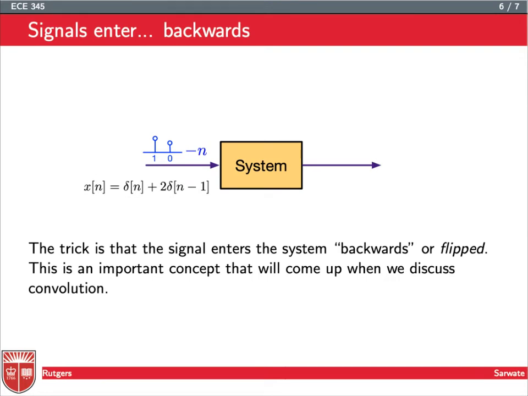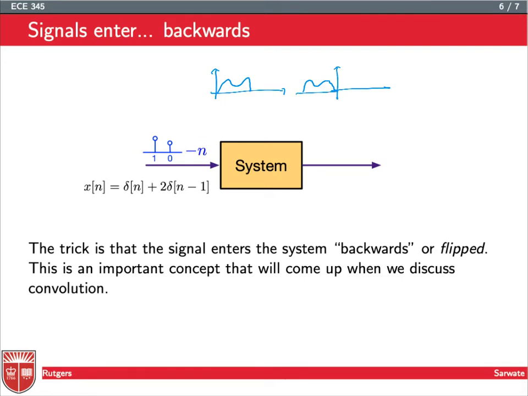The signal here is flipped, and this is an important concept that's going to come up when we discuss convolution. So we'll see a little preview of this on the next page. But the important thing to notice is, suppose we think about a signal in continuous time. Here is my signal in continuous time, then what I'm going to have to do is flip it. At time 0, it looks like it's coming in like this instead.